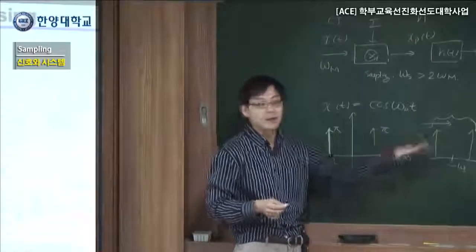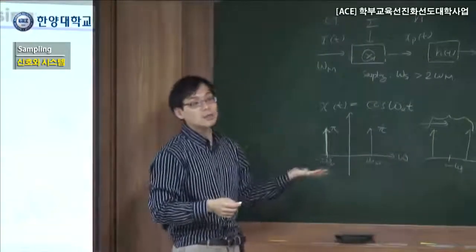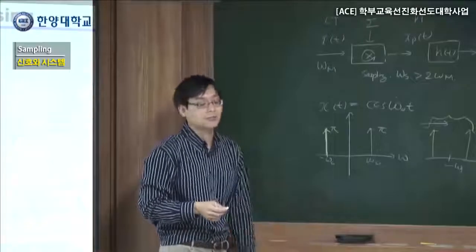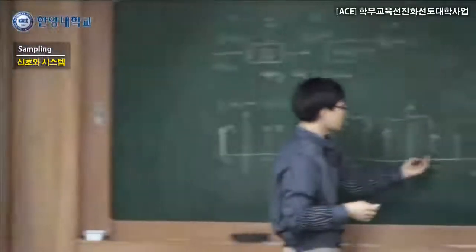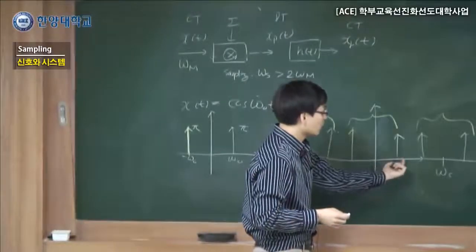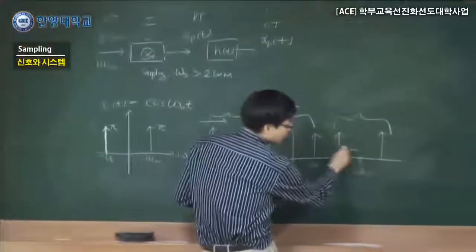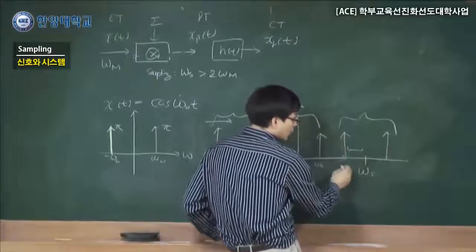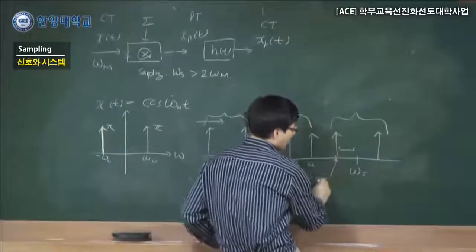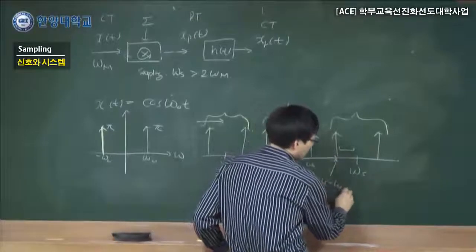There's no frequency higher than that. So we know that their maximum frequency is omega 0, and we also know this is omega 0 because they come from the same set. So the value over here should be omega s minus omega 0.